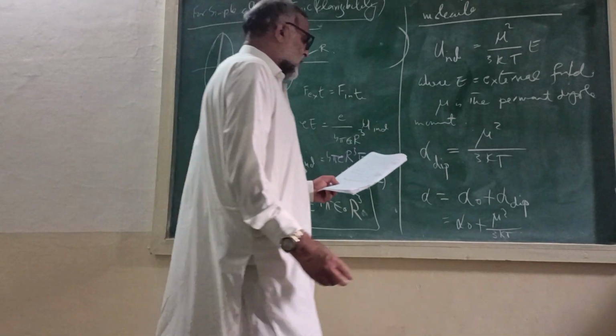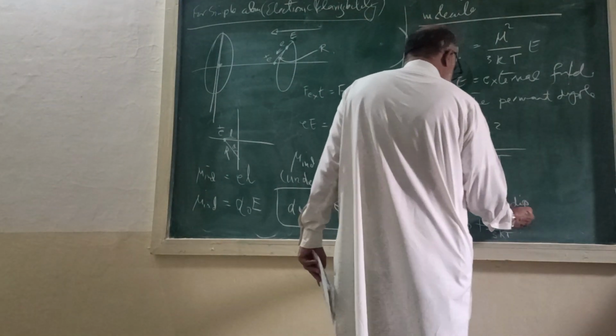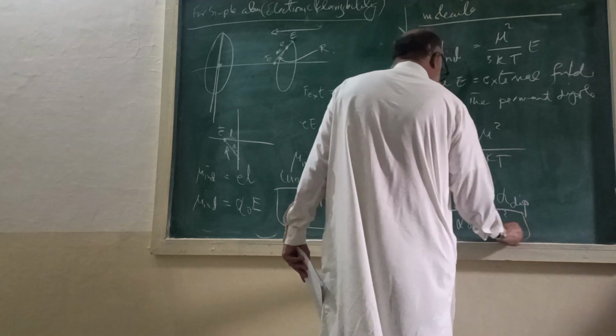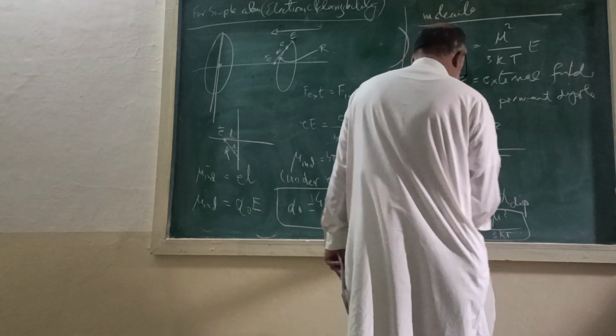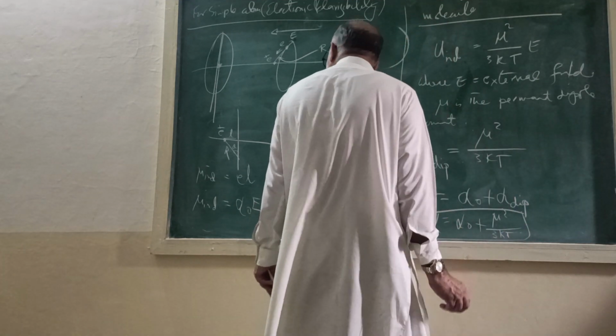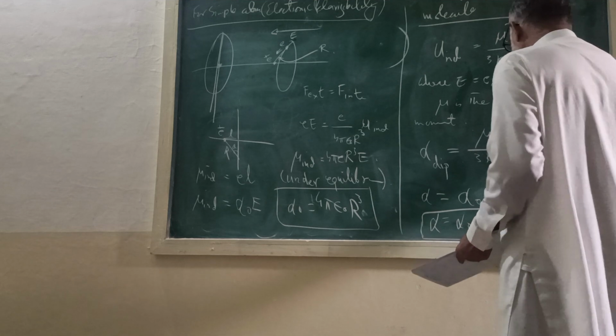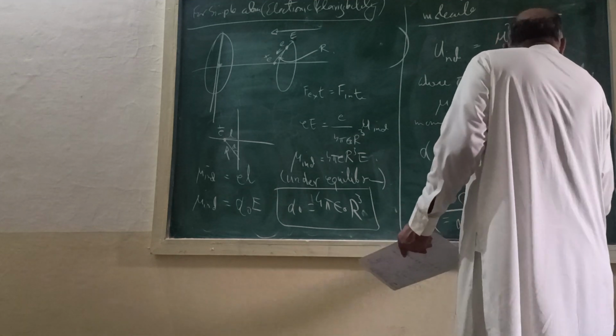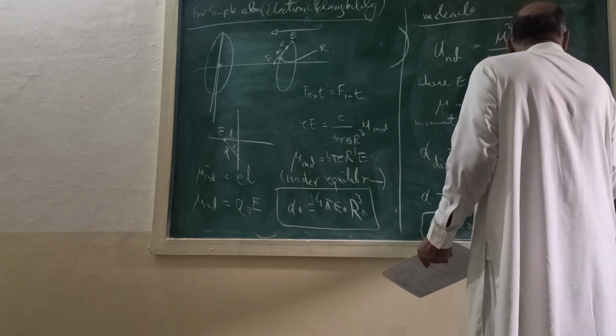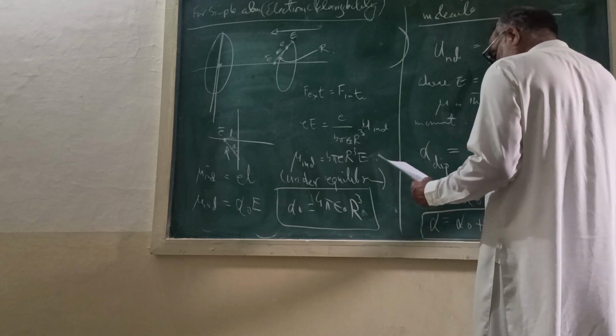And this equation is called the Debye-Langevin equation. Alpha naught is the atomic polarizability.